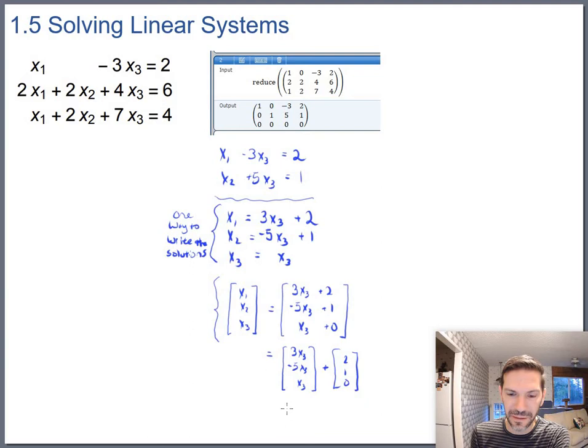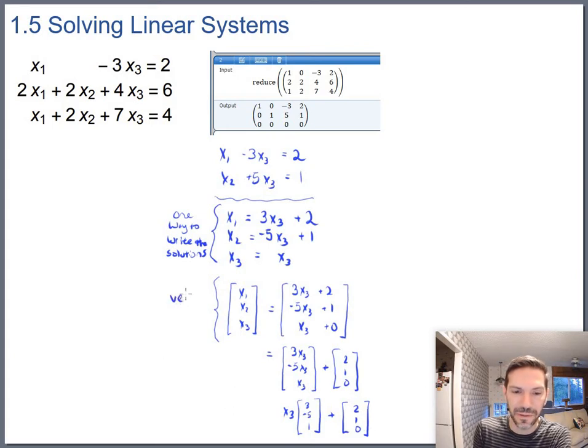So you could say that the solution set here is x3 times 3, negative 5, 1, plus 2, 1, 0. This is the vector form. And this one up here that we had before is called the parametric form.